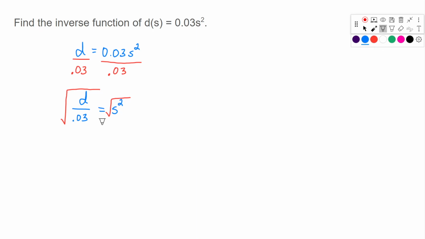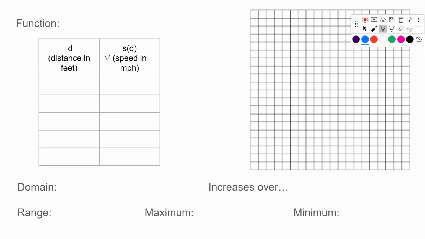So that means that my inverse function is going to be the square root of d over 0.03 equals s. And I'm going to write it now as s of d because we're finding speed in terms of distance. So this is our inverse function of our braking distance. So we had s of d equals the square root of d divided by 0.03.